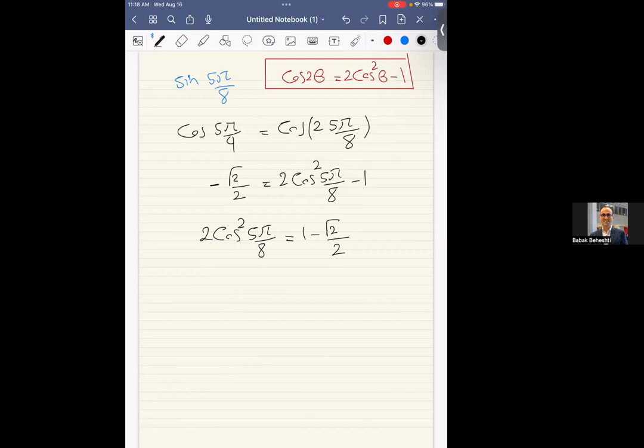Yes, some of the formulas. Okay, now from here you can compute cosine square of 5/8, right?